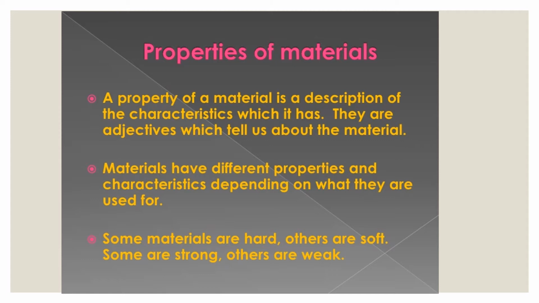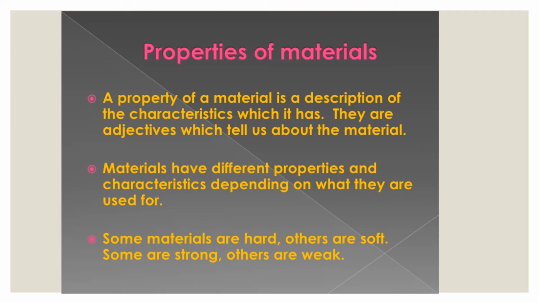Here in this slide you can see some properties of material. First, a property of a material is a description of the characteristics it has. They are adjectives which tell us about the material. Second, materials have different properties and characteristics depending on what they are used for.